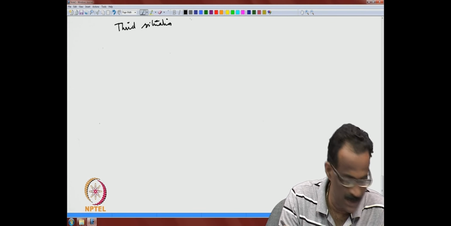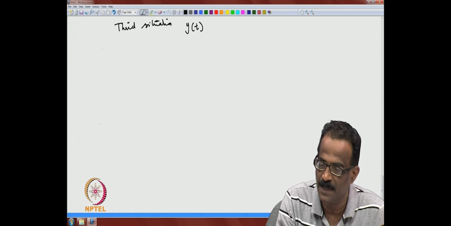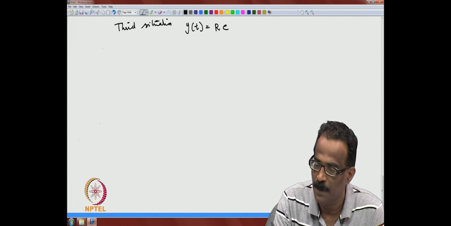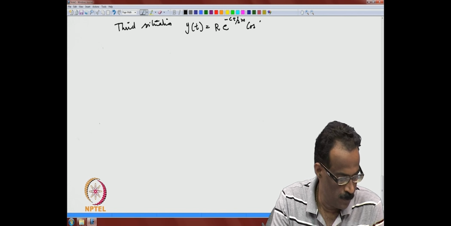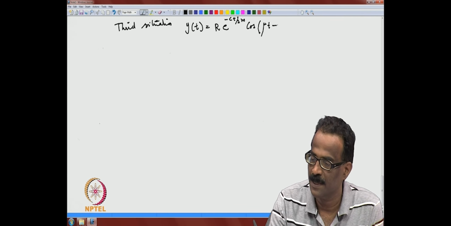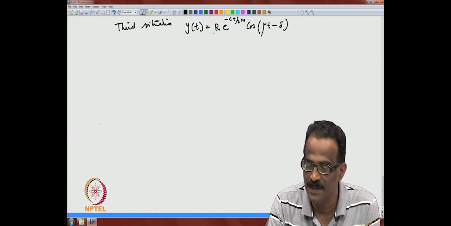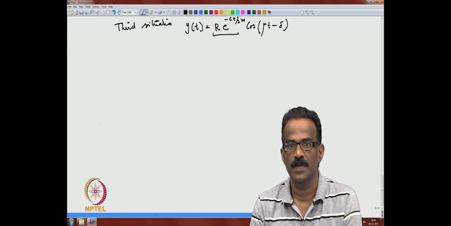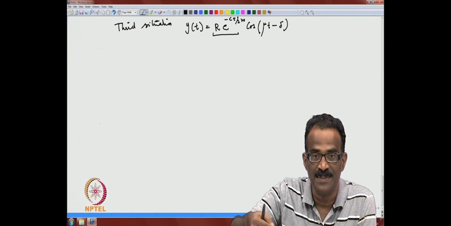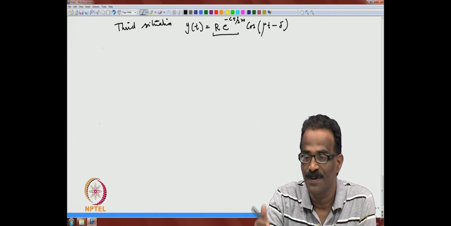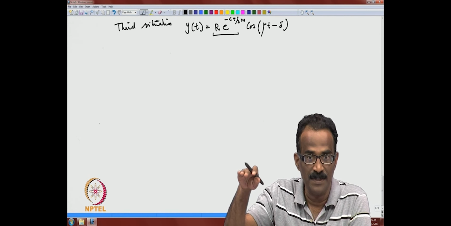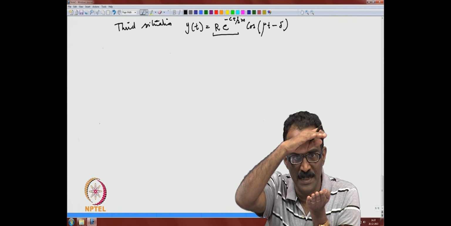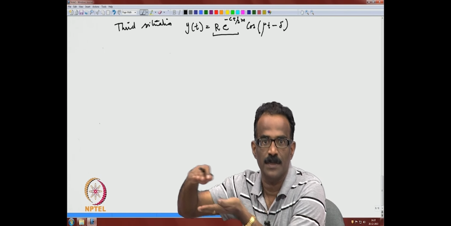You can still write the third situation as y t is equal to r e power minus c t by 2 m, same way, do it as an exercise, cos of mu t minus delta, you see. So, this is now your amplitude, the amplitude decreases. When c is equal to 0, this term is not there, so its oscillations are not reducing, but since c is positive, the oscillations are still there, but its amplitude reduces.